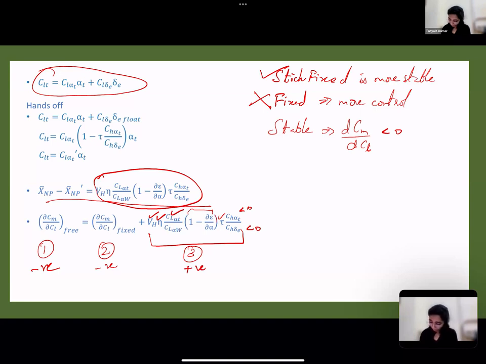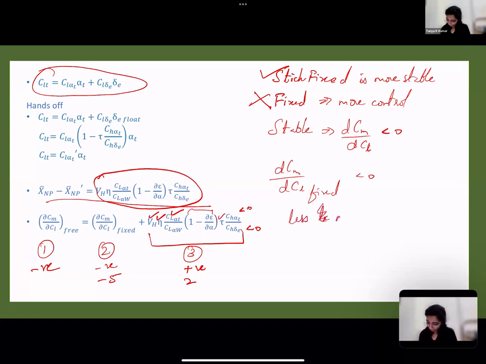So your stick fixed case, dCM by dCL fixed is negative. And you're adding some positive term to it. So it's becoming less negative, right? Suppose this was -5 and this is 2. It becomes -3. Less negative, less stable, right?